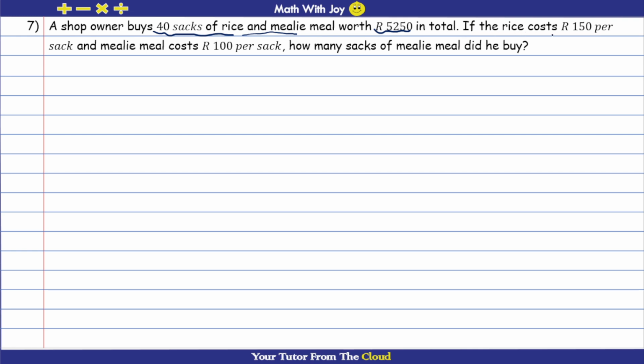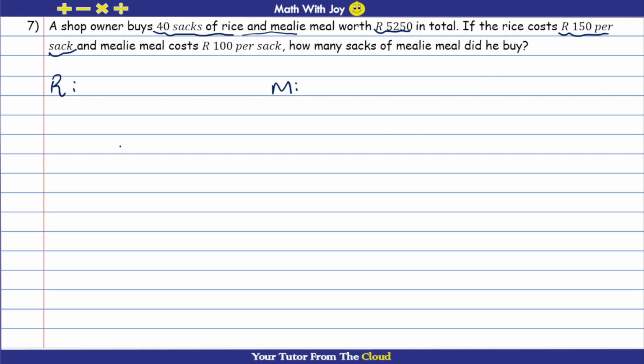If the rice costs 150 per sack, right? So we have the rice and we've got the mealie meal over here. So in total, again, we bought the rice and the mealie meal. When you add the quantities, they should give you 40 sacks, right? And they give you the price again. How many sacks of mealie meal did he buy?